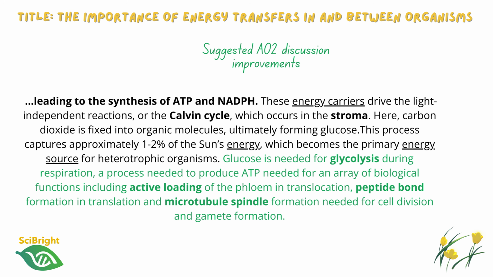Glucose is required for glycolysis, the first step in producing ATP for energy release for many vital plant processes, including active loading of the phloem, catalyzing peptide bond formation in translation, microtubule spindle formation in mitosis. Here we are broadening our discussion and linking to various topics with A-level detail, but we're making sure it's still all relevant to plants. I've highlighted the extra A-level in bold.